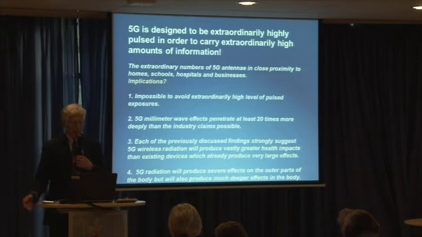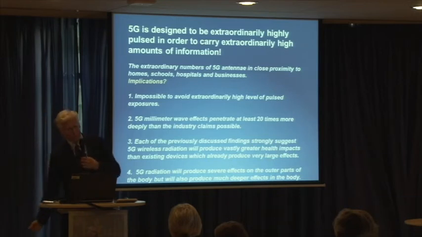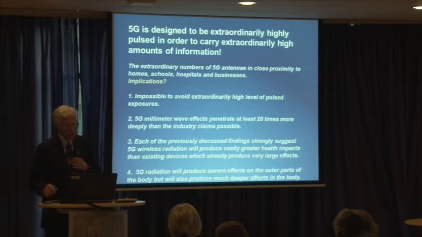And it could well be, if you increase the exposure up to the safety guidelines, that the effects might be lower than they were way down at the low levels. So these things are essentially completely unpredictable. It really means not only that the safety guidelines we have don't work, but it's very difficult to figure out which ones would work.